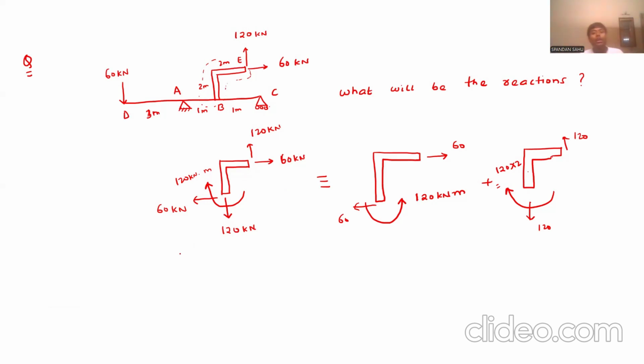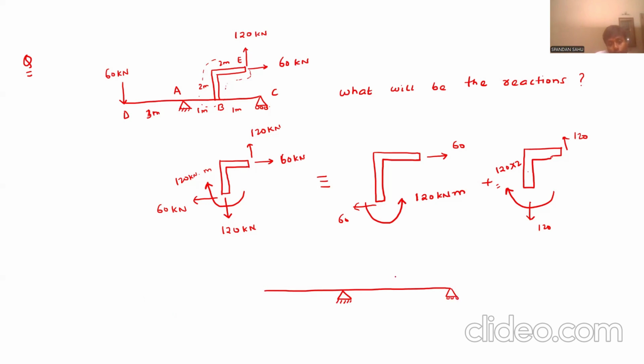Now, at that point B, equal and opposite reactions need to be balanced. So when you show those reactions on the beam directly, you have to show them in just the reverse order of what you have got on the L-shaped bar.